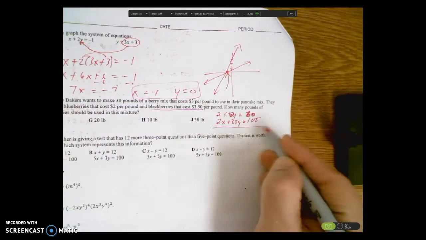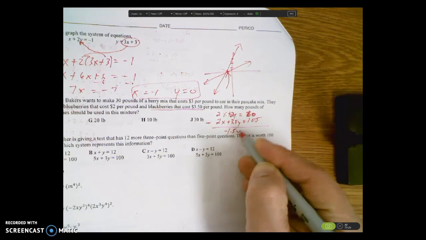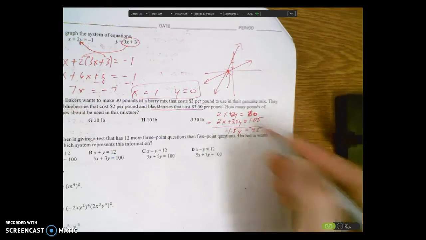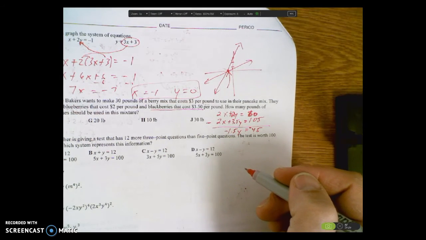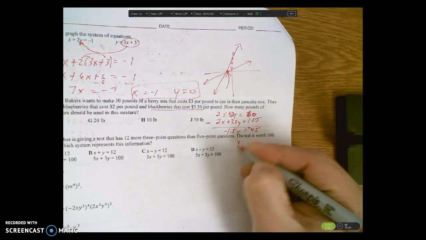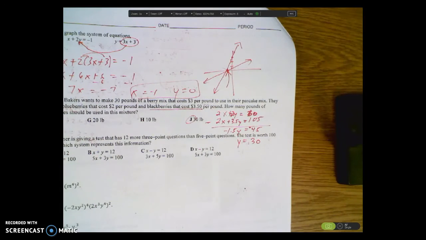And when I subtract these, I'm going to get negative $1.50 y equals negative 45. And I'm going to divide 45 by $1.50, and that gives me 30. So y equals 30, and that is J, 30 pounds.